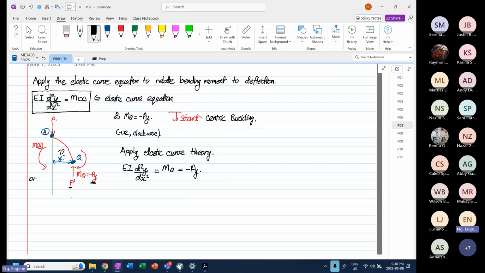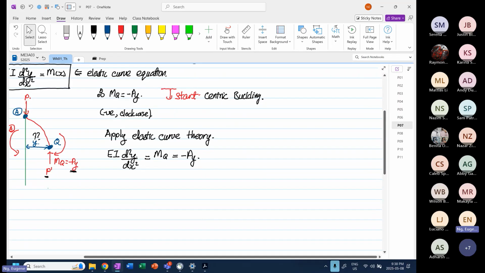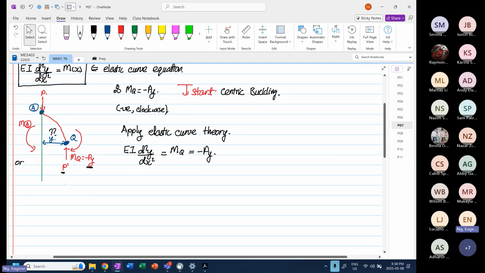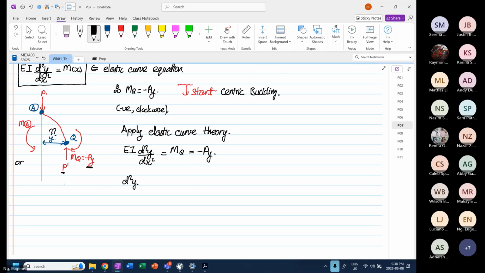Okay. So I'm going to rewrite this expression over here. Minus d squared y over dx squared is equal to minus capital P y over EI.